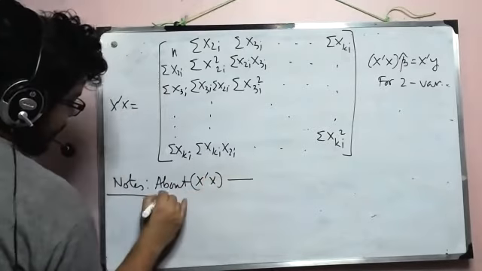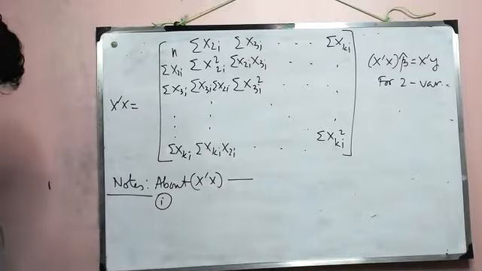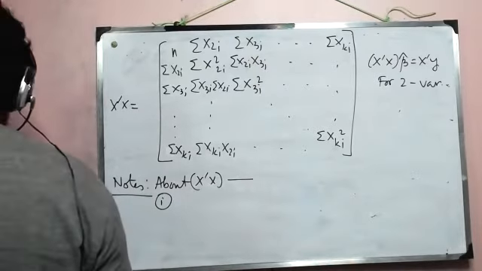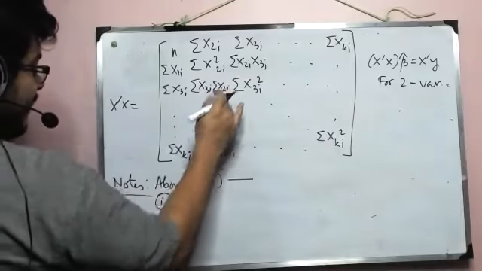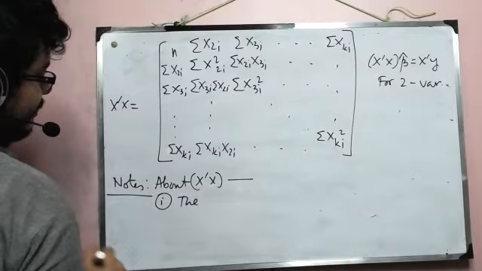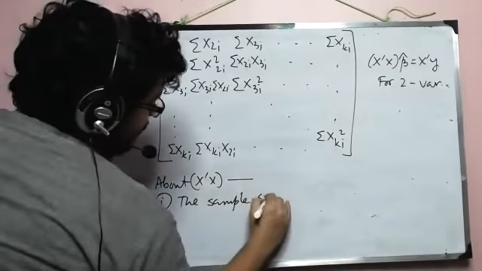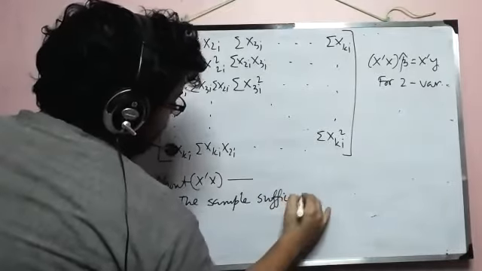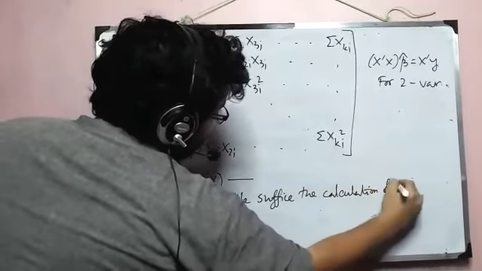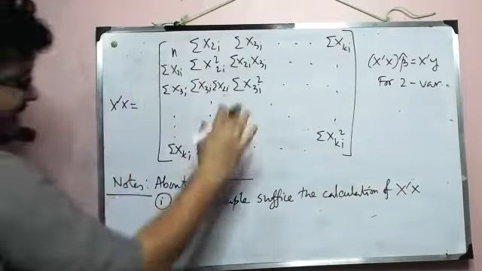Number one is that this is the raw sum of squares and cross products, by which I mean that the sample data suffice for the calculation of x transpose x. So this matrix is in terms of raw data.